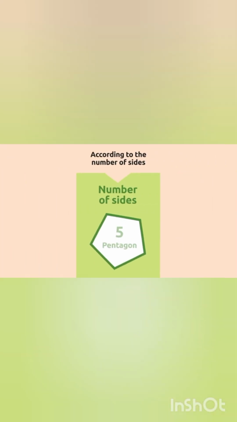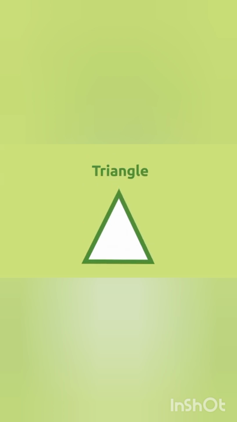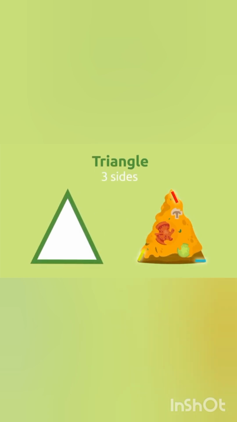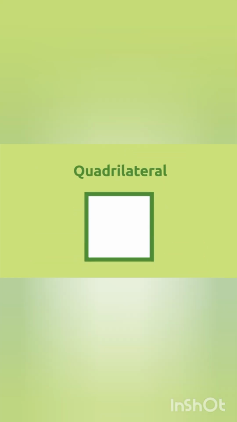And the third one is naming by the number of sides. The name depends upon the number of sides. For example, a triangle has 3 sides. If it has 4 sides, its name is quadrilateral.